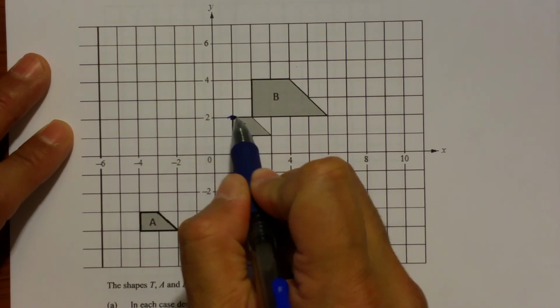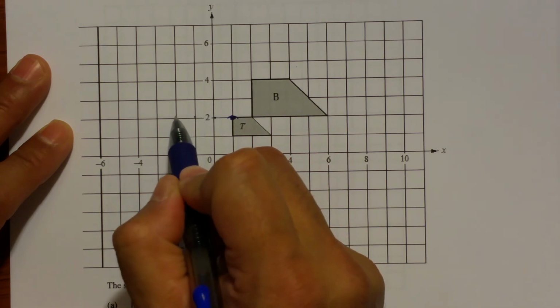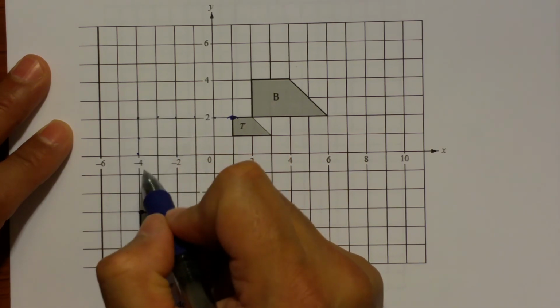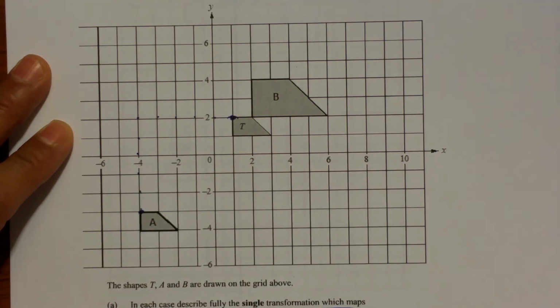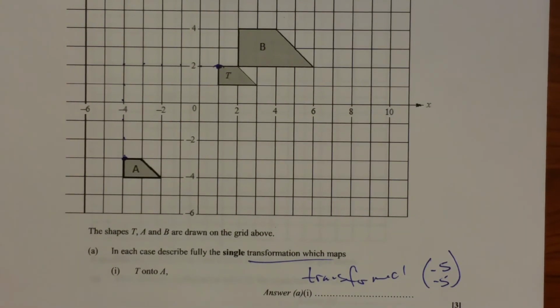So I'm going to go from this point here onto this point right here. Left, 1, 2, 3, 4, 5. Down, 1, 2, 3, 4, 5. So it's translated left 5 and down 5. So there we go right there.